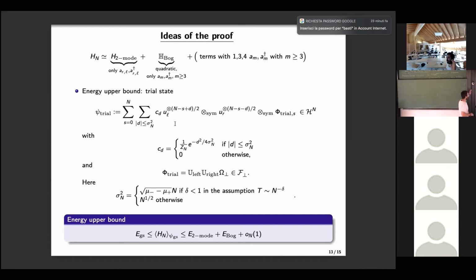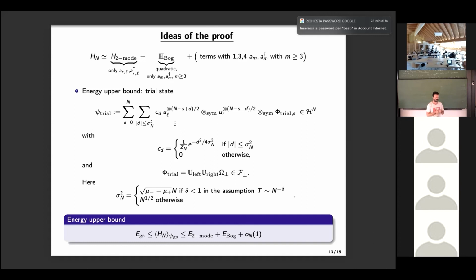For us, getting information on the state is complicated for a number of reasons. Getting information on the density matrices maybe is easier than on the state, but we have a number of problems with respect to the usual business, and one is that the Bogoliubov Hamiltonian probably does not have a ground state, because it is somehow translation invariant in the d direction.